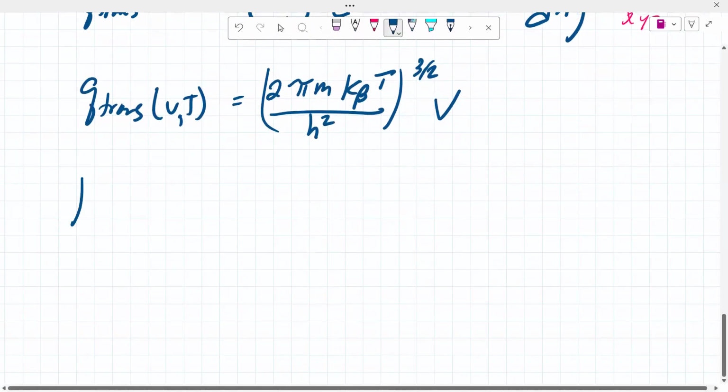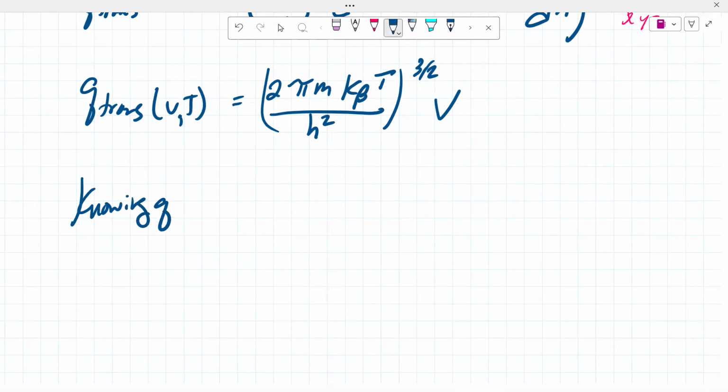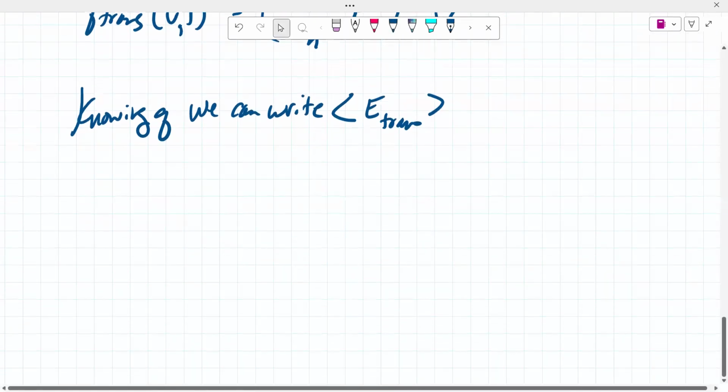Now in Q, we can write the average E trans. So remember, we've seen this for the general case already.